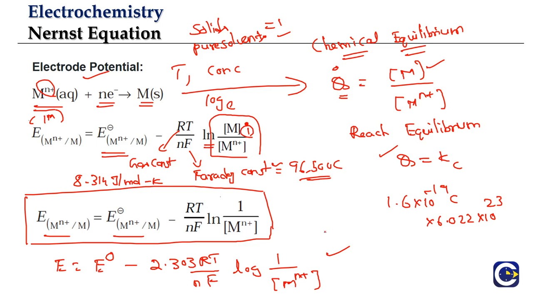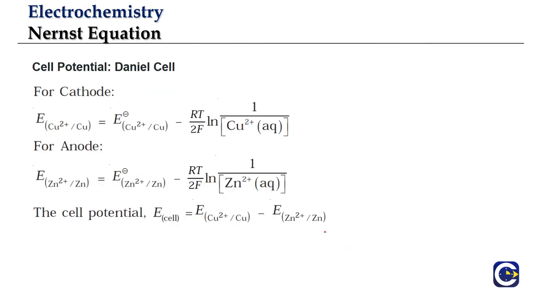Now we will see how we use this expression to find the cell potential under the modified conditions of temperature and concentrations of ions. For that, we will again take the cell that we are very much familiar with, which is the Daniell cell.